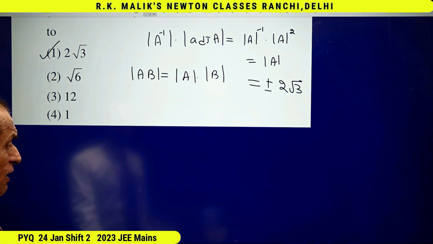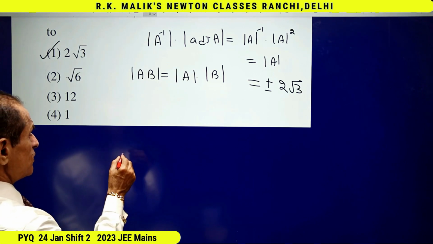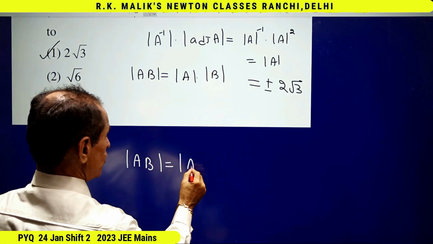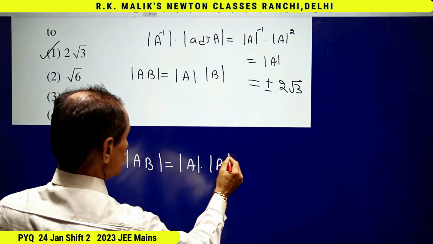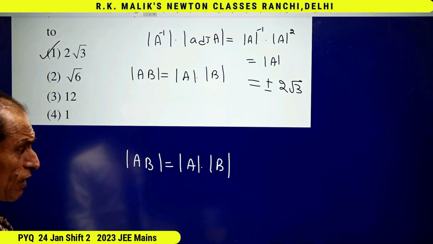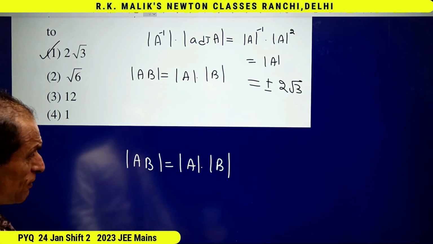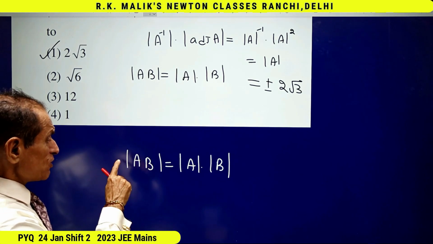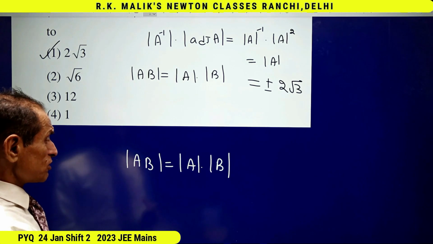Just for knowledge, I am telling you that determinant of AB is equal to determinant of A into determinant of B. You must have studied this formula. But note that for this formula to be valid, A and B both must be square matrix of same order.